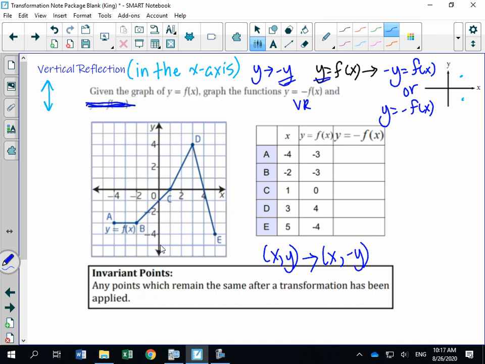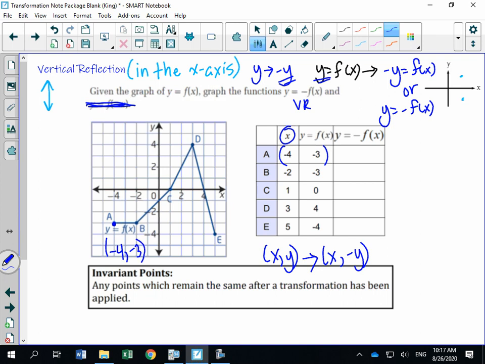So they're saying if I look here, this is my f of x, my A coordinate. They're telling me my A coordinate, the x value is negative 4, and the y value is negative 3. Okay, so negative 4, negative 3.